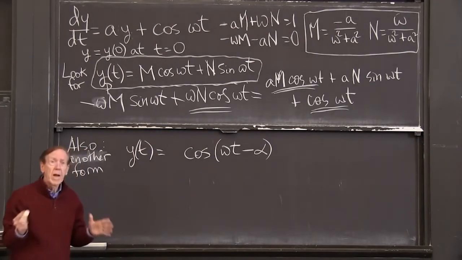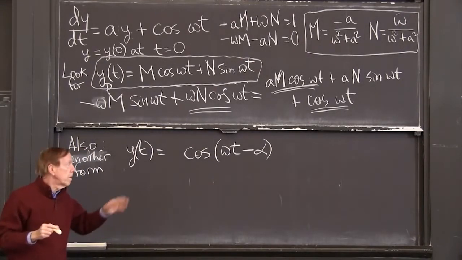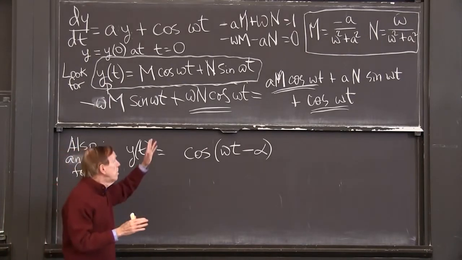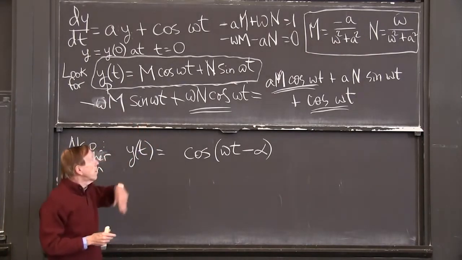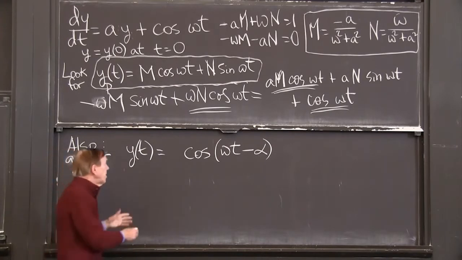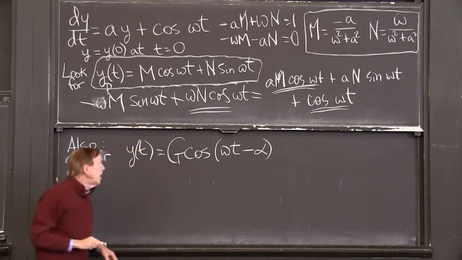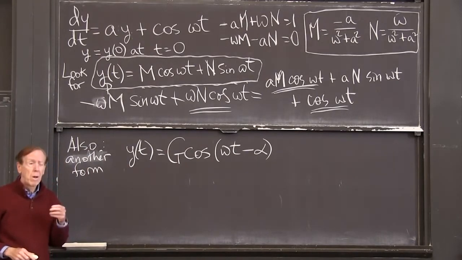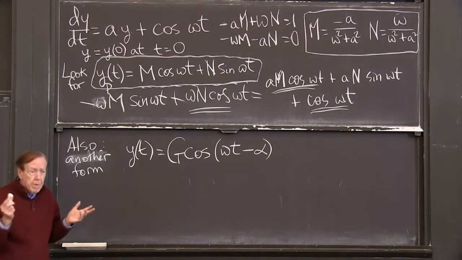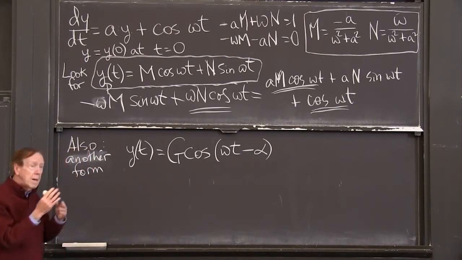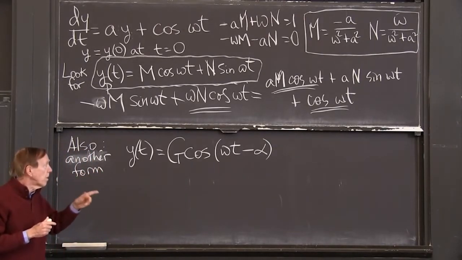There's a lag, a phase shift. The angle involved is often called the phase. So the sine and cosine combine to give a phase shift with some amplitude, maybe I'll call it g, the gain. Or often it would be called capital R, because what you're seeing here is polar coordinates.